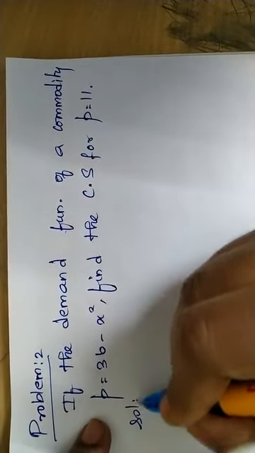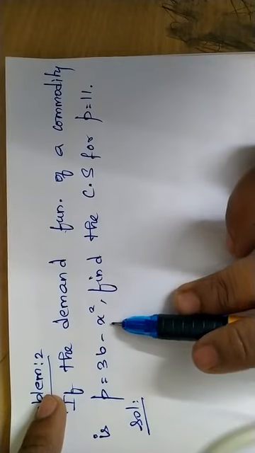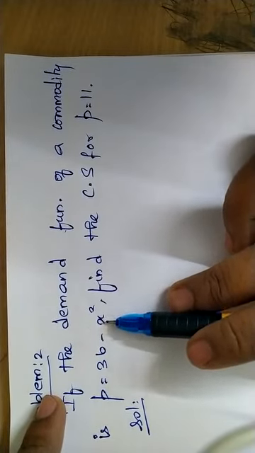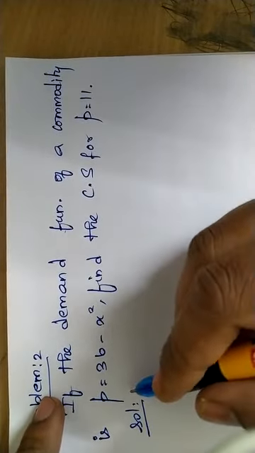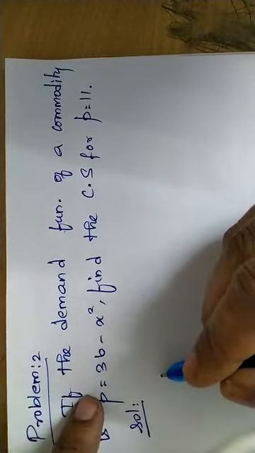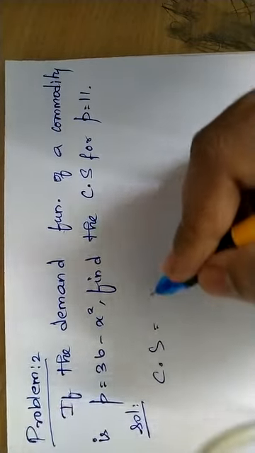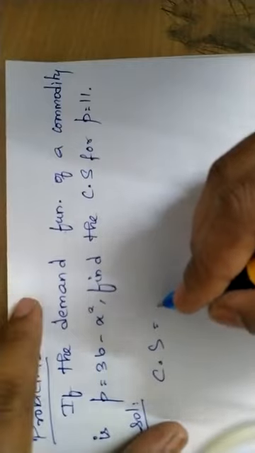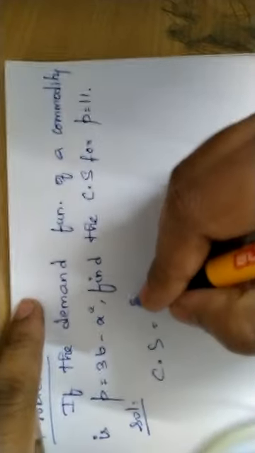So let us recall the formula for consumer surplus. So when you observe here, they have given P equal to in terms of x. So instead of Q, they have written as x. So you need to refine your formula accordingly. Consumer surplus formula is integral over 0 to Q naught F1 of Q dq minus P naught Q naught.